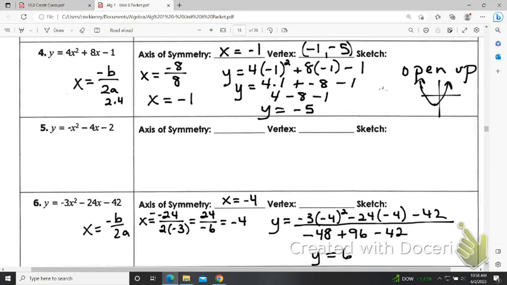So it looked like it was going to be super big, but the positives and negatives kind of balance out, and it's not nearly as big as we might have thought. And so my vertex would be at negative 4, positive 6, and we know that this would open down because I see that my x squared term has a negative coefficient.